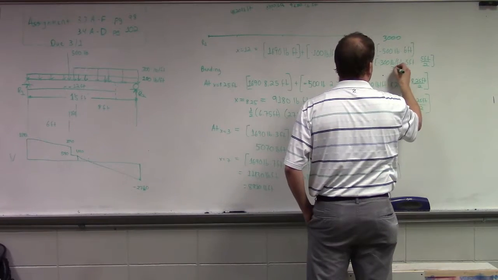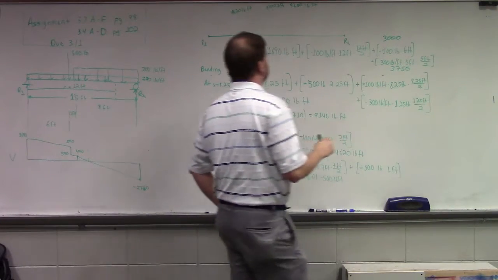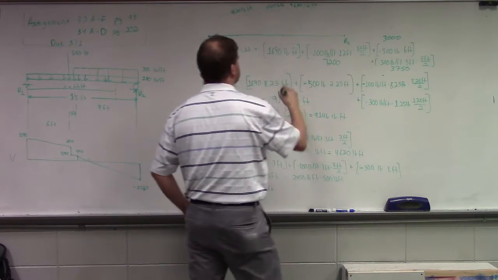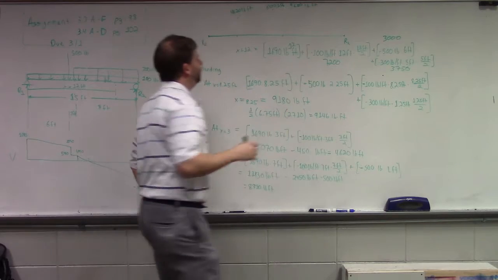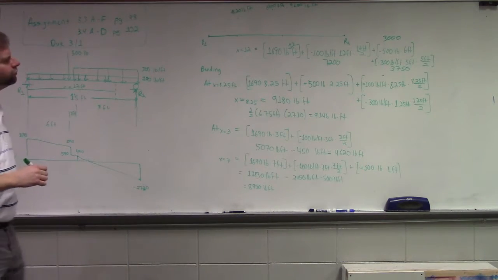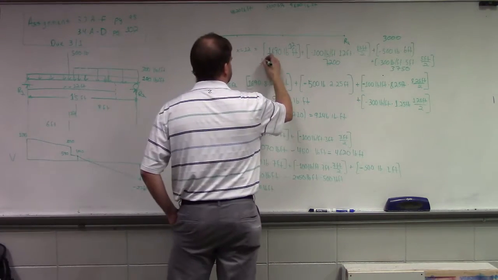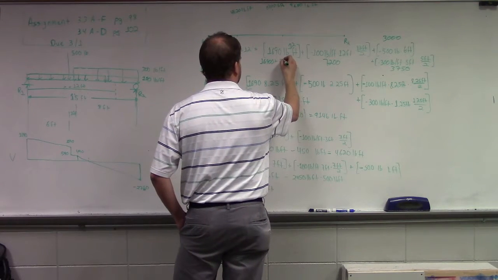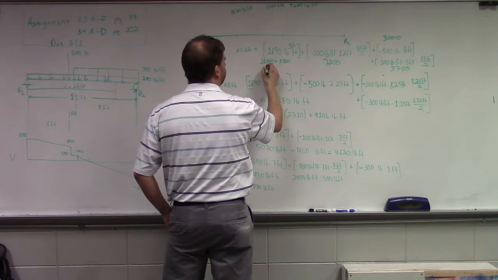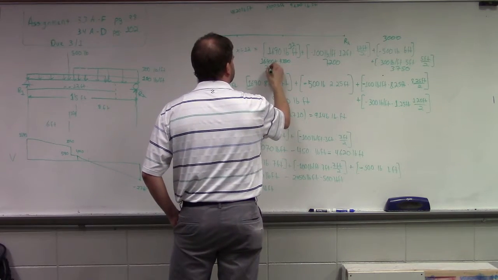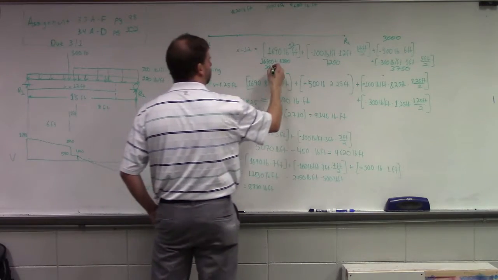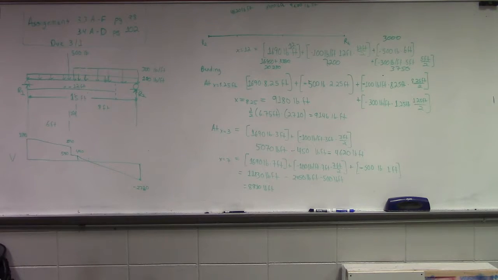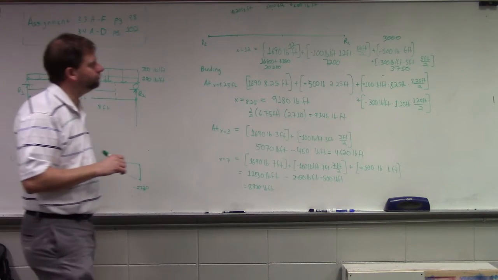3,000, 3,750, 7,200. If I put 12 in there, so it's 16,900 plus 3,380. 20,000. 6330.